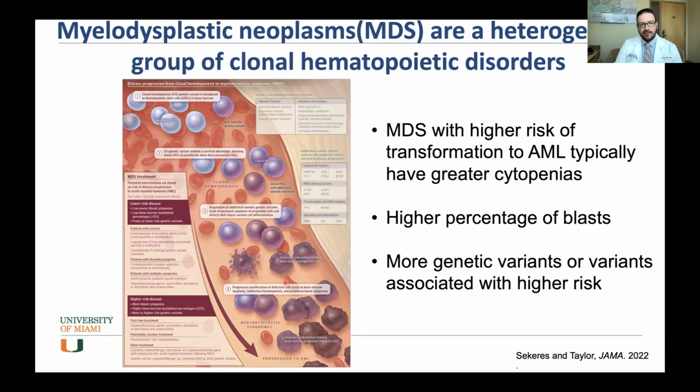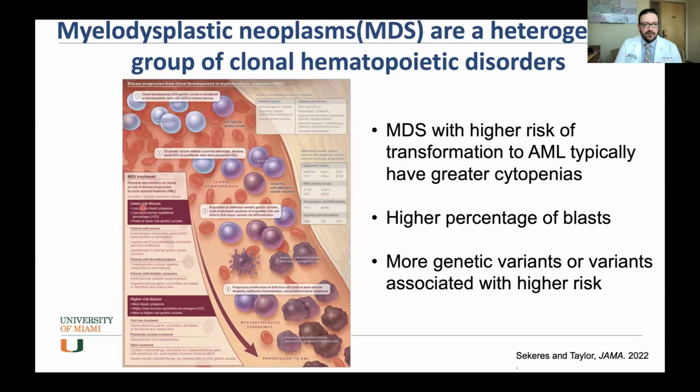I mentioned anemia, low platelets, low white blood cells, prone to infections. And when the pathologists then look at the blood or the bone marrow, they see these dysplastic or abnormal looking cells. Again, that's where the name comes from.